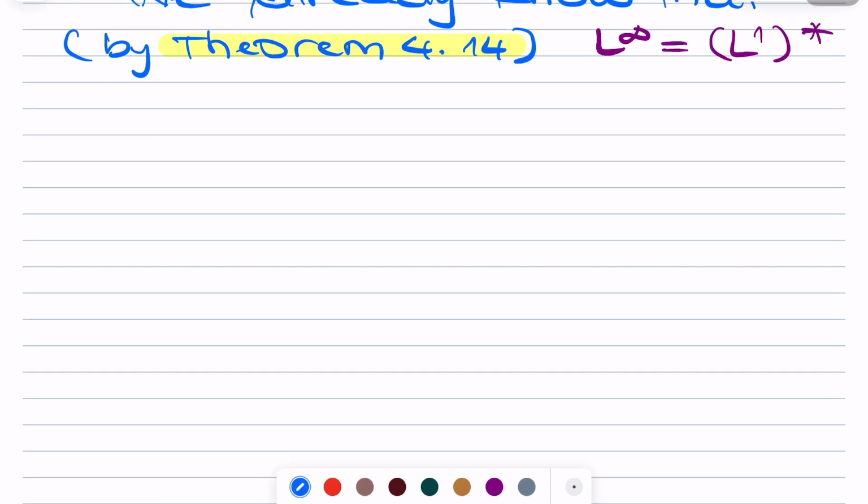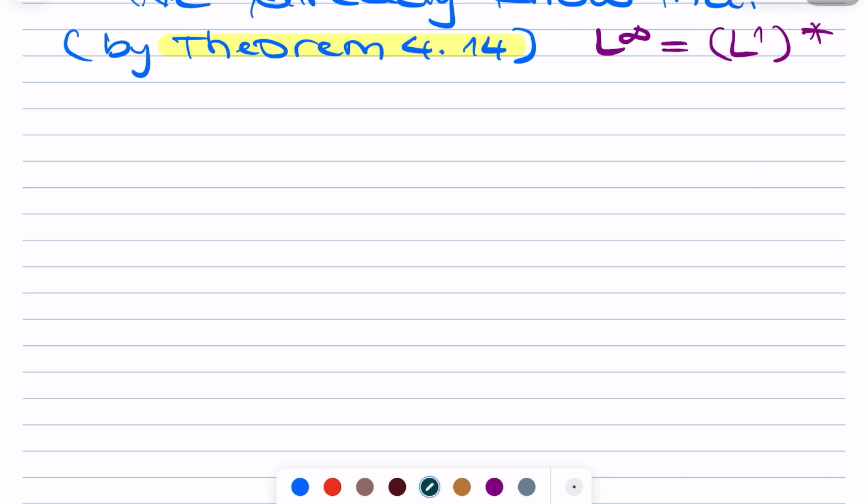Now, being the dual space of L1, L infinity enjoys some nice properties. In particular, we have the following.